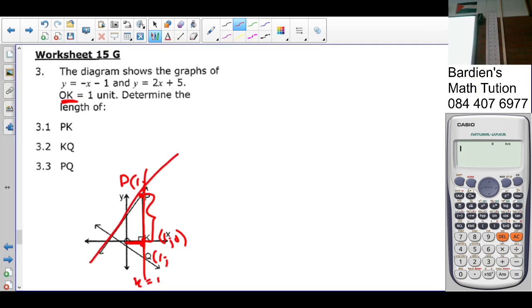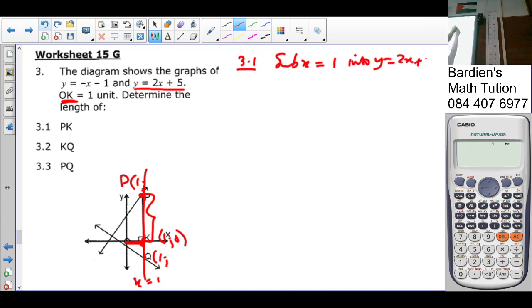That line's equation, as I already indicated, is y is equal to 2x plus 5. So we're going to substitute x is equal to 1 into y is equal to 2x plus 5. Remember, if I put the x in, I get the y out. So we have y equals 2 times 1 plus 5, which is 7.